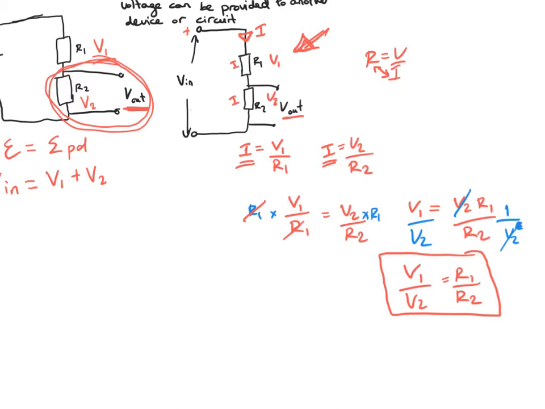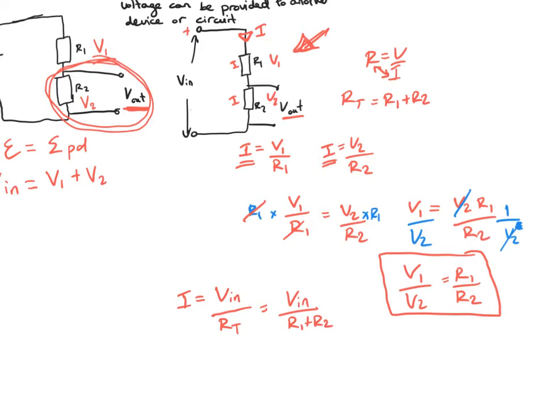So I'll write another expression for I in terms of the total potential difference and the total resistance in the circuit. We know that this is a series circuit. R total is equal to R1 plus R2. So that leaves me with V in over R1 plus R2.